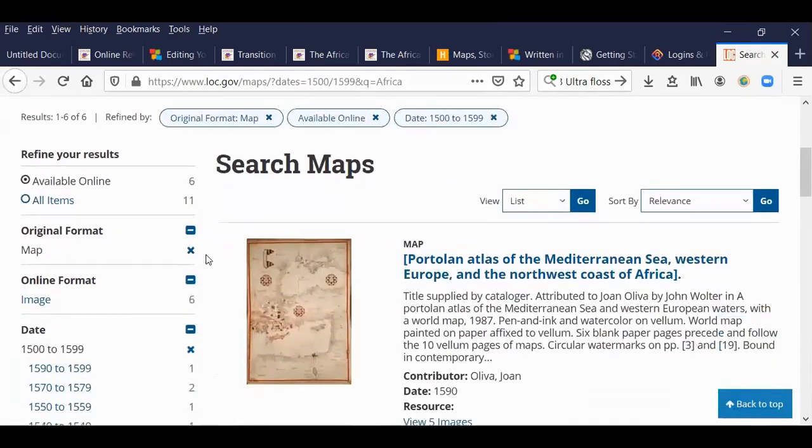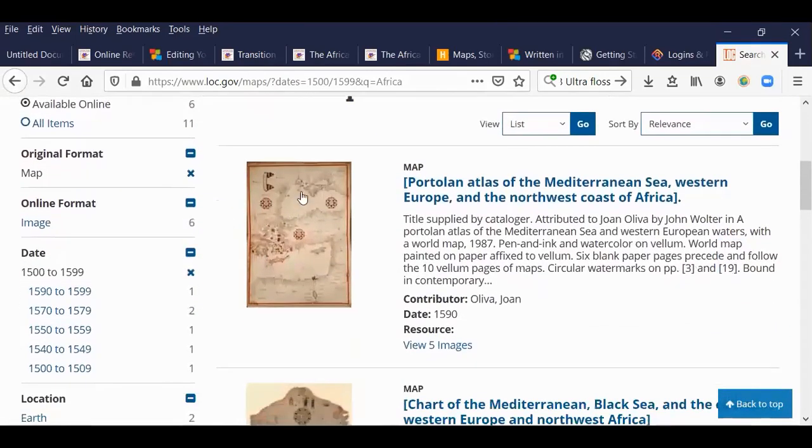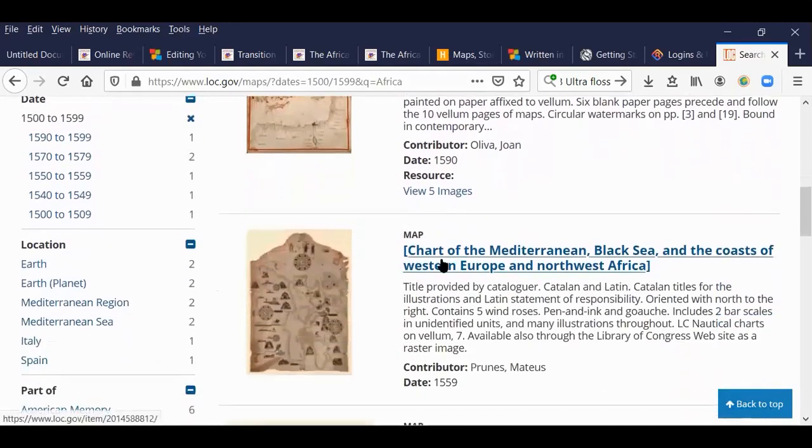It's only 11 maps, but in fact, very important early maps of Africa, including Portulans, that is, maps created by the Portuguese early on, that include maps of the Mediterranean and the coast of Africa. Here's a chart of the Mediterranean, the Black Sea, and the coast of Western Europe.